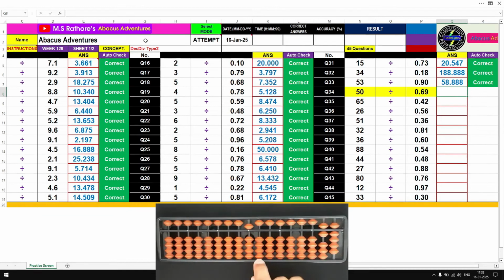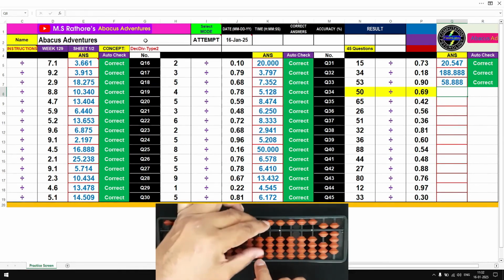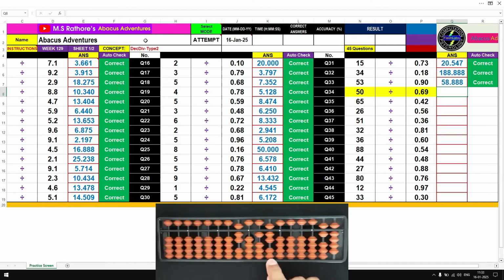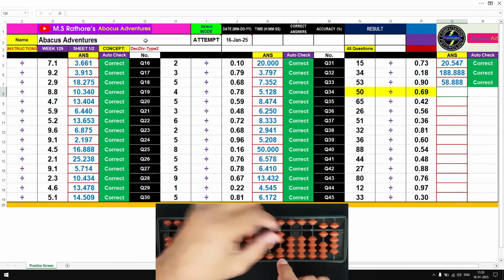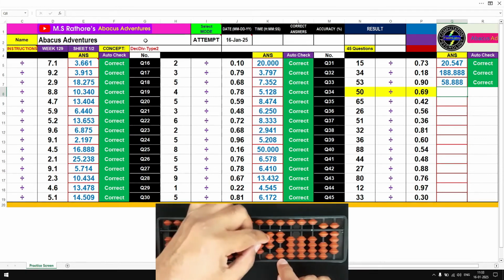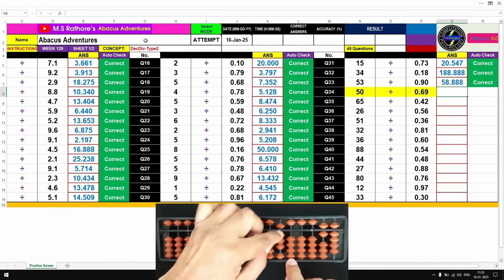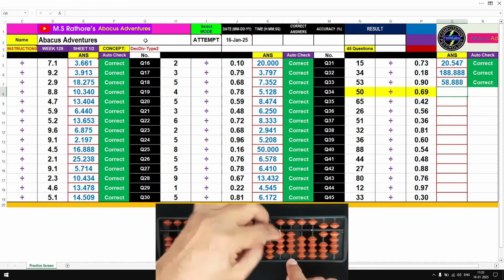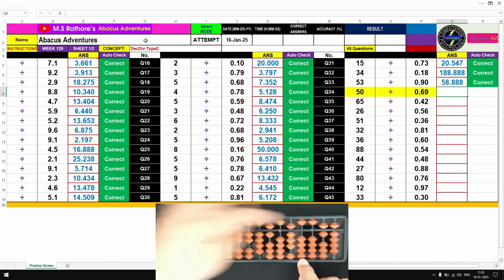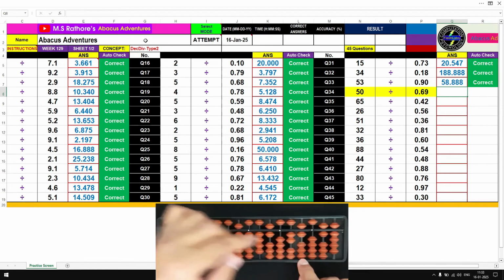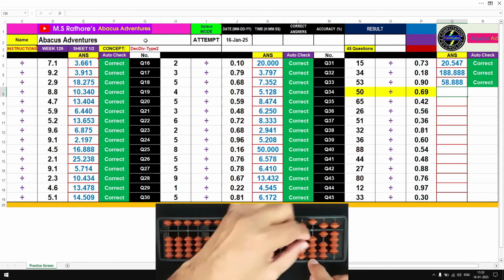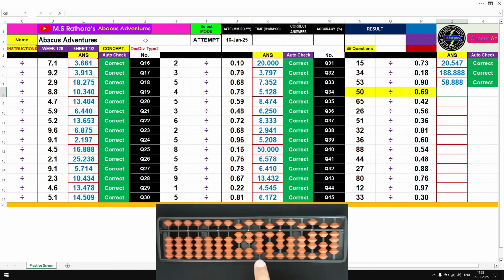My finger is below 50. 6 7s are minus 42, finger shifted. 9 7s are minus 63, new number is 17. 6 2s are 12, shifted. 9 2s are minus 18, new number is 32. 6 4s are 24, shifted. 9 4s are 36, new number is 44. 6 6s are 36, finger shifted. 9 6s are 54, new number is 26. 6 3s are 18, shifted. 9 3s are 27, and our answer is 72.463.